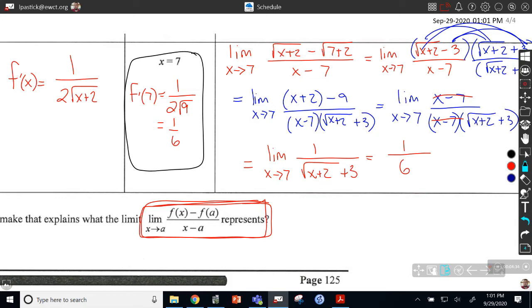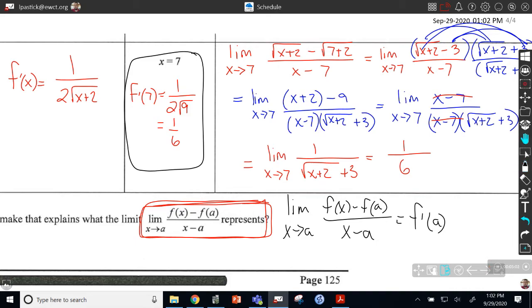We just found out that this big expression, the limit as x approaches a of f of x minus f of a over x minus a, which is what we just did but in more specific terms with this function, is equal to f prime of a. It's equal to the derivative evaluated at a specific location, whatever location that value of a is.